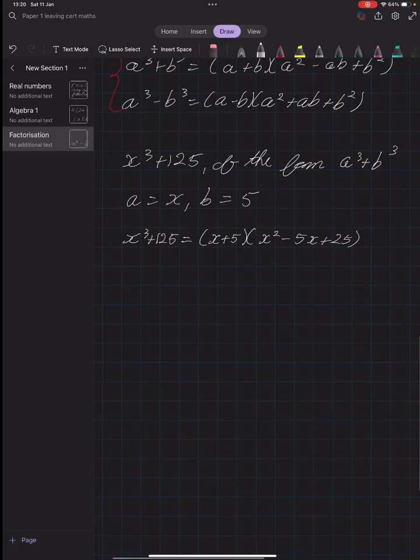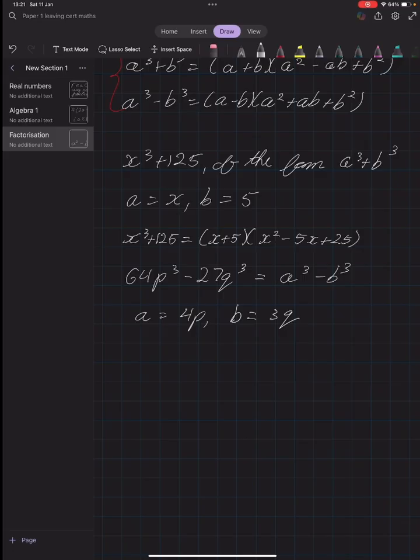And then just to do one difference, we can do 64p cubed minus 27q cubed. This is going to be equal to a cubed minus b cubed. Here, a is going to be 4p and b is going to be 3q.